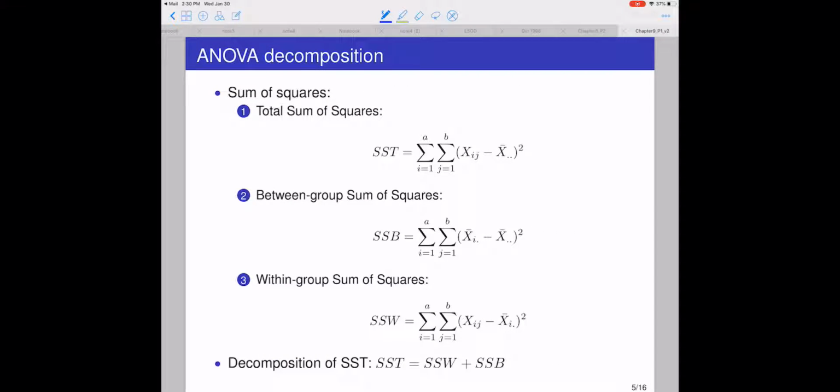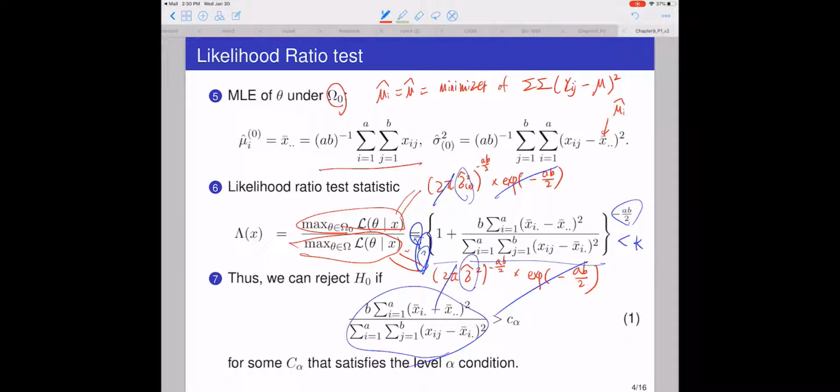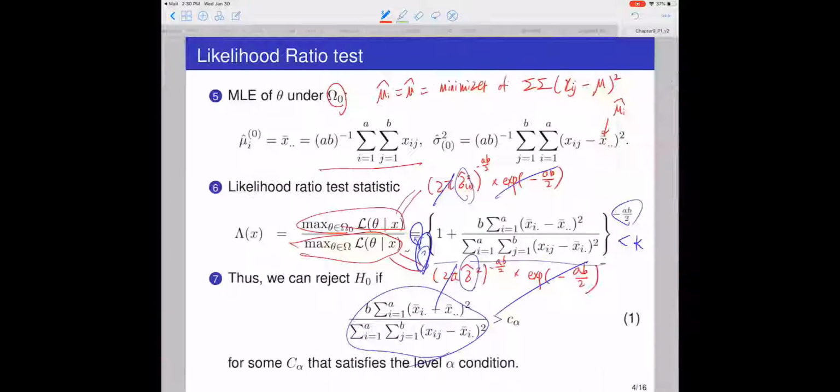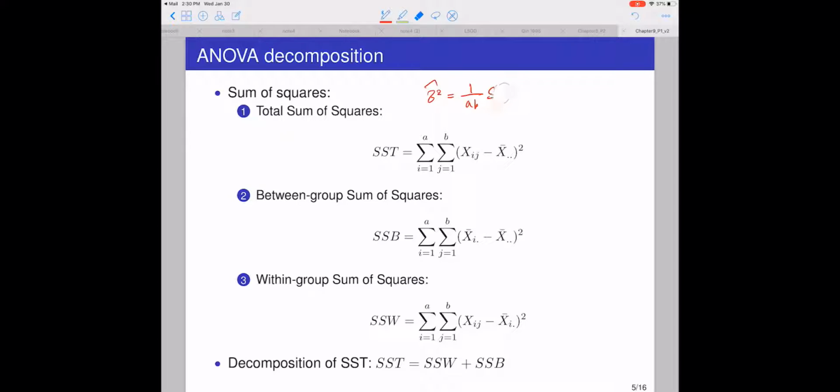So why do we have this second equality? Well, basically this is because of the sums of squares. Sigma hat squared is 1 over AB SS within, because sigma hat is actually this one. And sigma hat null squared is 1 over AB SST.